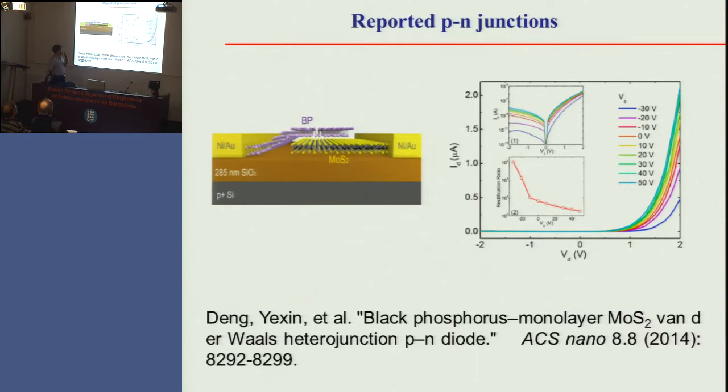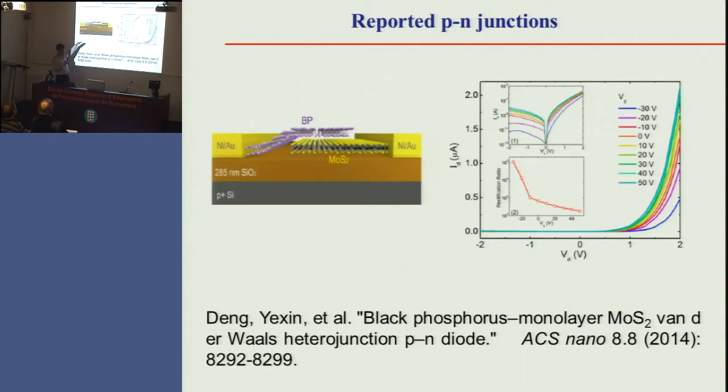And the bottom layer is molybdenum disulfide. The black phosphorus becomes a P-type material, and MoS2, the bottom layer, is actually an N-type material. So just by stacking them together, without doing anything, they make PN junctions.